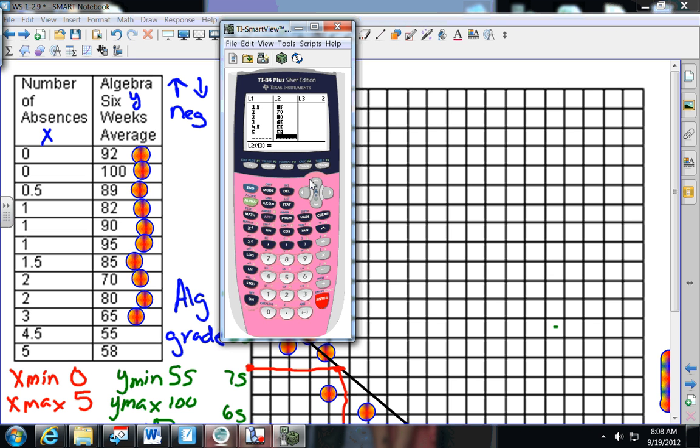Okay. First thing you want to do is make sure your data is even, okay? Make sure you didn't miss a number and that there's the same amount in there.